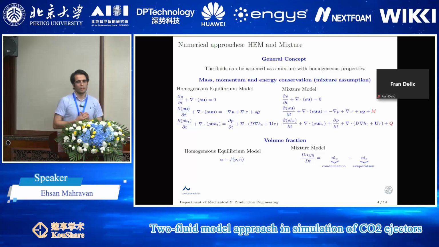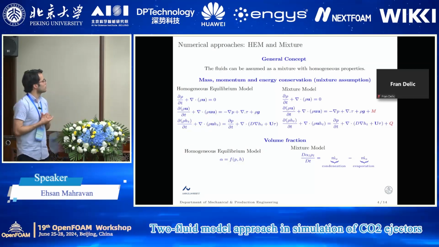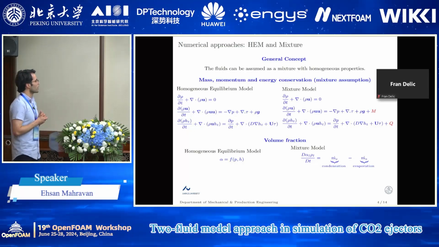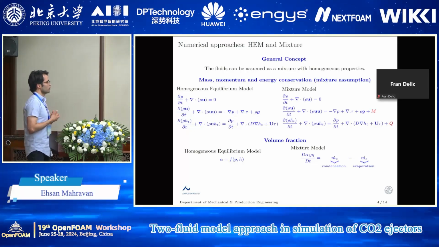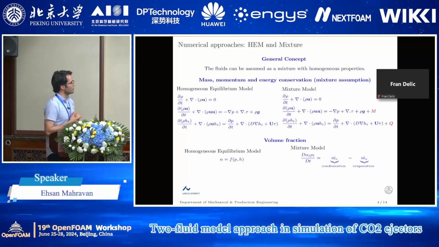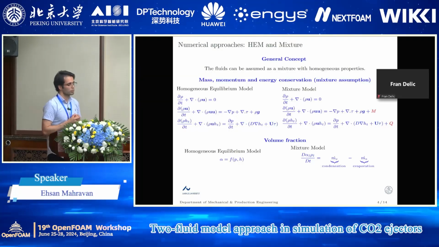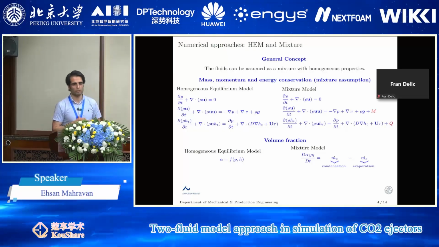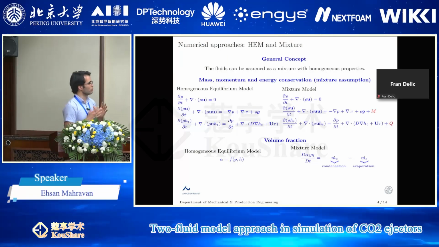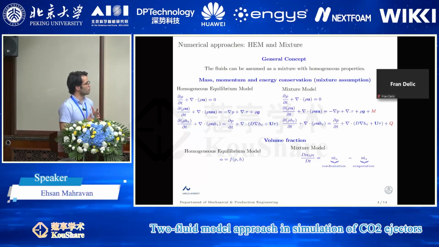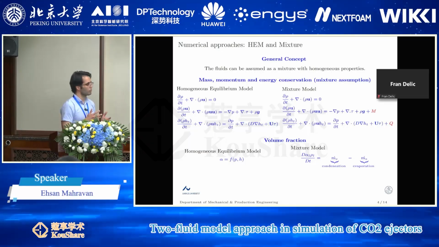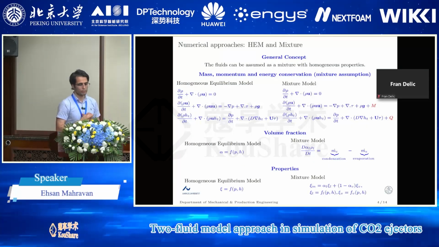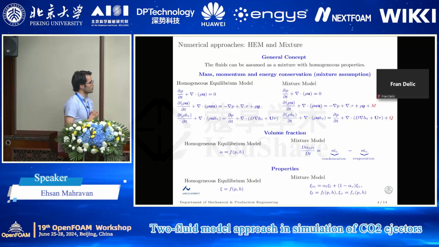This characteristic lies in the way that they treat volume fraction. In HEM, volume fraction is extracted from the equation of state, and in a mixture model, each phase is tracked through solving an equation for volume fraction. So we know where we have vapor, where we have liquid, and using that distribution, we can define mixture properties.